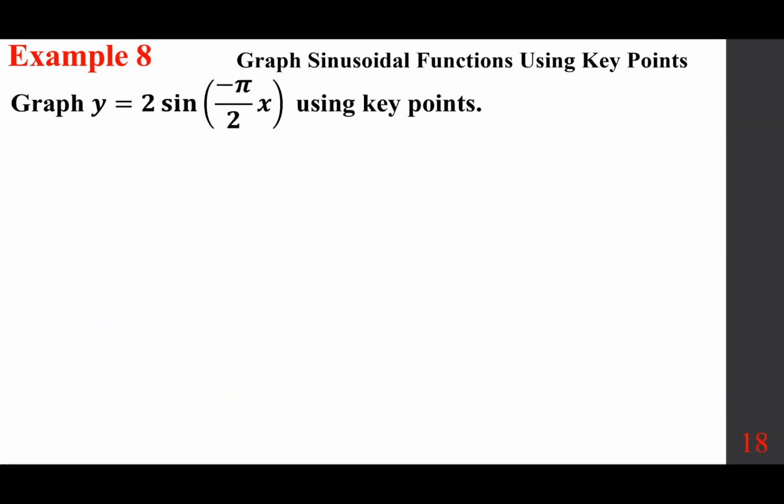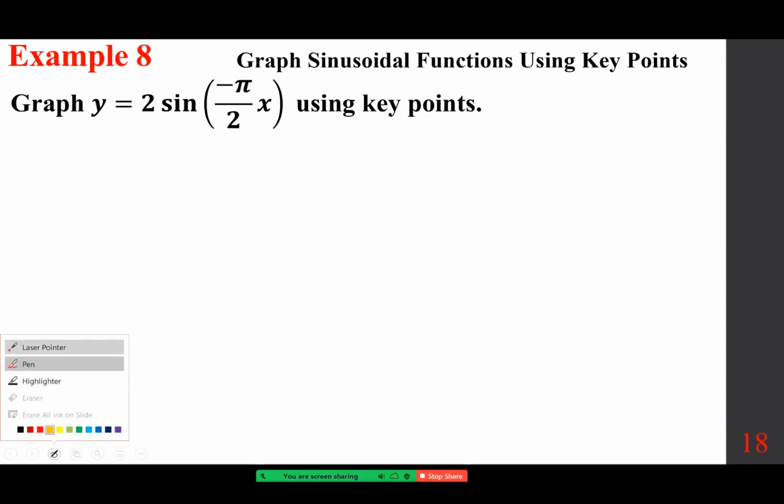Let's look at this example using the key points. Now, what really is important to understand is that since we have a negative sign here, it's really not a good idea to have a negative sign. You have to take it out. If it's an even function, this goes away.